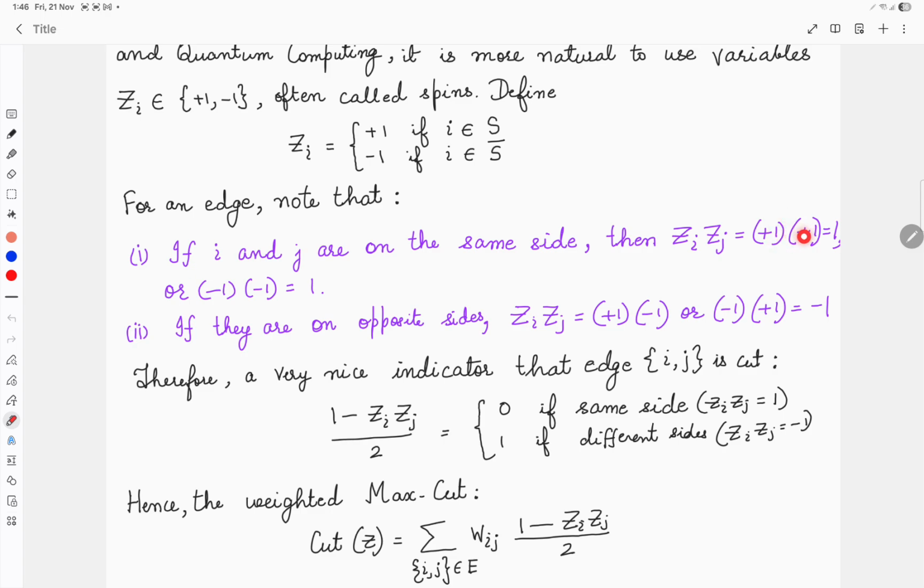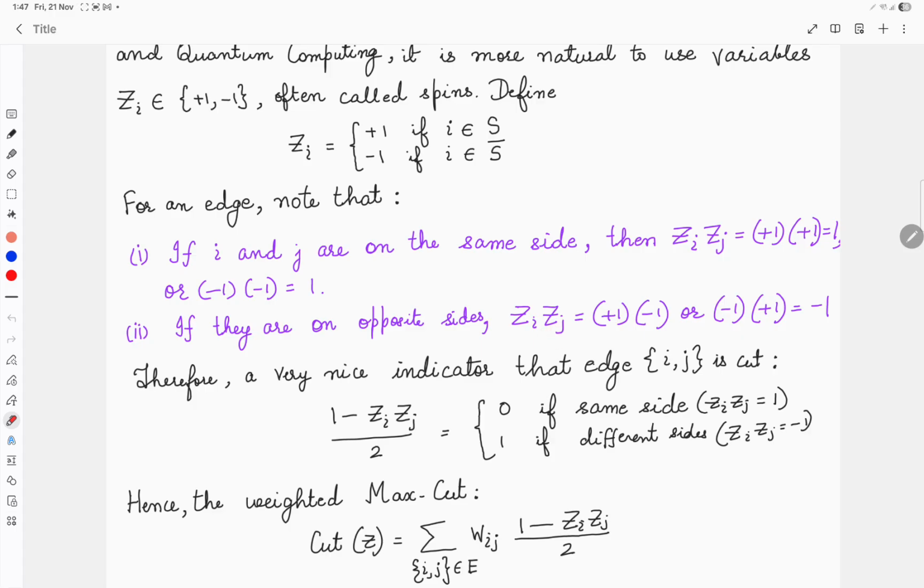So +1 times +1 will give me 1, and -1 times -1 will also give me 1, right? And if they are on opposite sides, I will get the answer -1. So zi times zj will give me either +1 or -1 as the output.